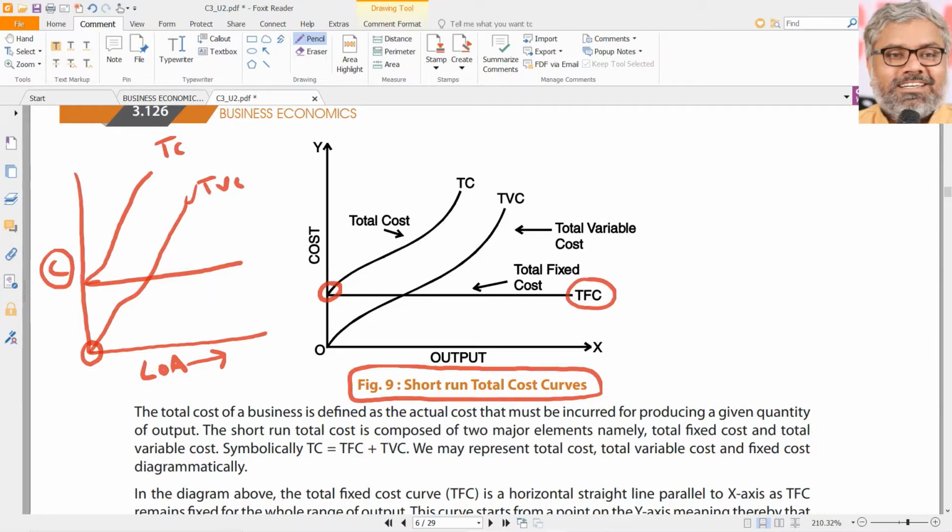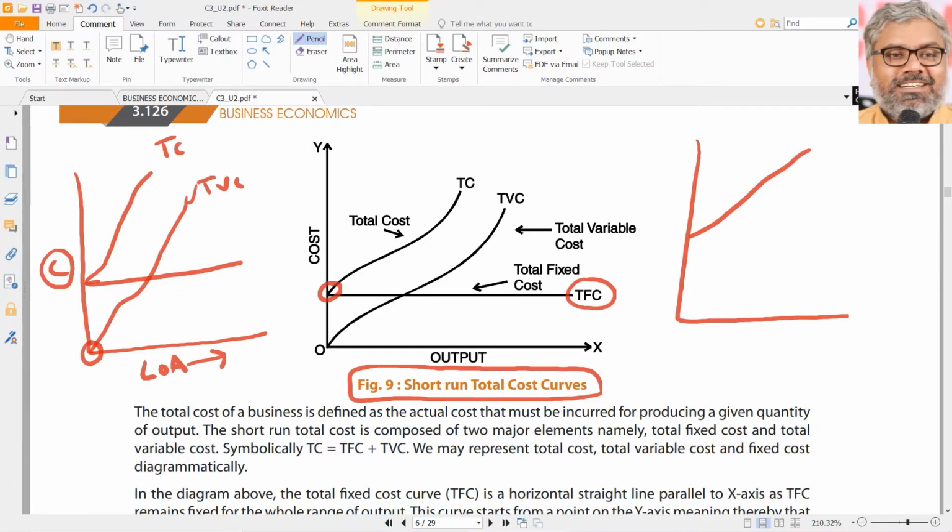In the short run, we can call these short run total cost curves. By looking at the nature of them, we should be able to identify which curve is which. Naturally, if it is parallel to the x-axis, that is a fixed cost. If it is going upwards from 0, whatever the shape, it is a total variable cost. If it is starting from somewhere and then going upwards, that means it is total cost.